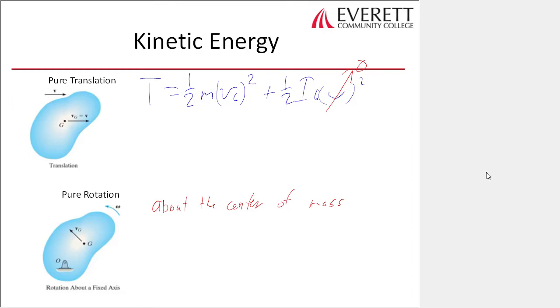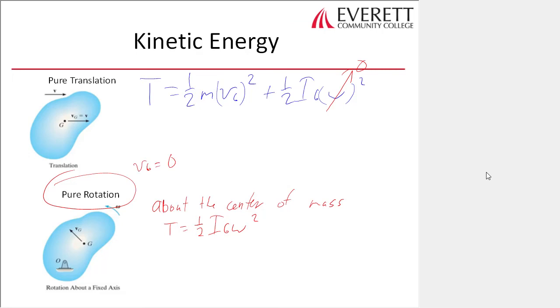That's what it does naturally, because that's like the anchor point, right? That's where all of the mass averages out on both sides. So if it is rotating about its center of mass, then kinetic energy is just going to be 1/2 IG omega squared. And if we're in pure rotation, then vG would be equal to 0.